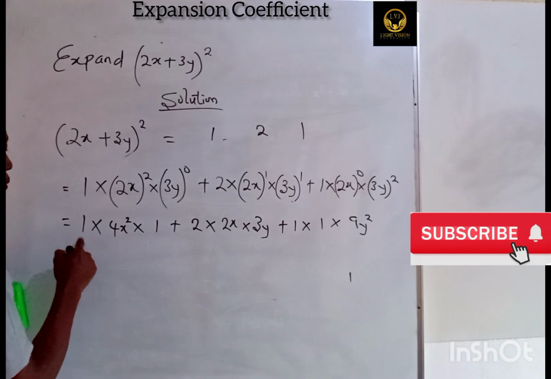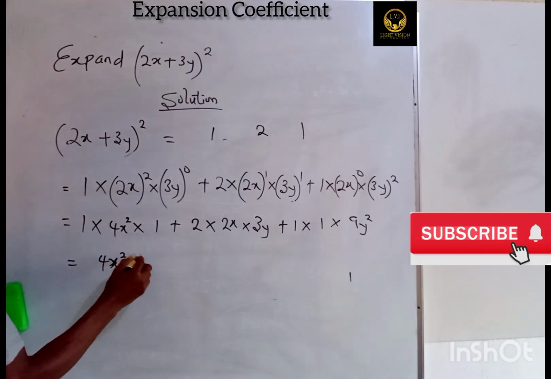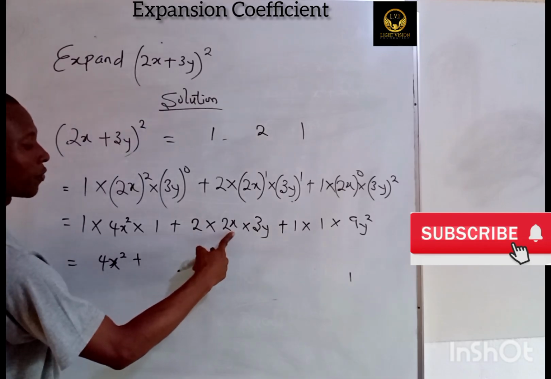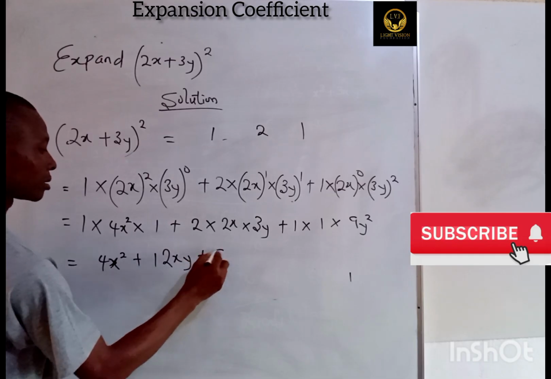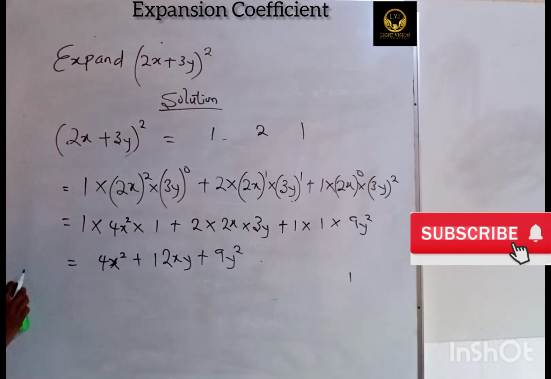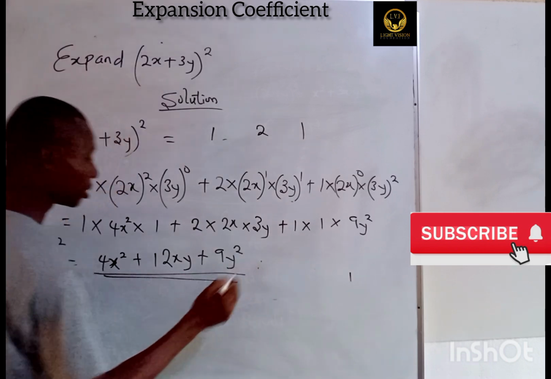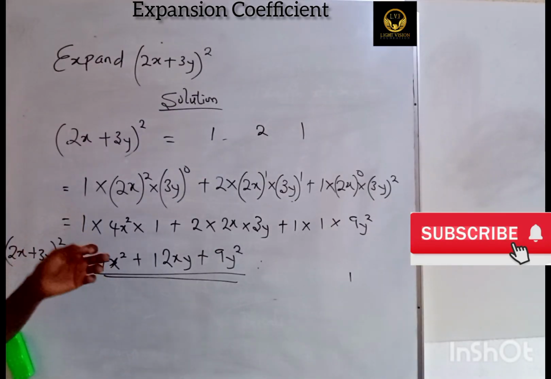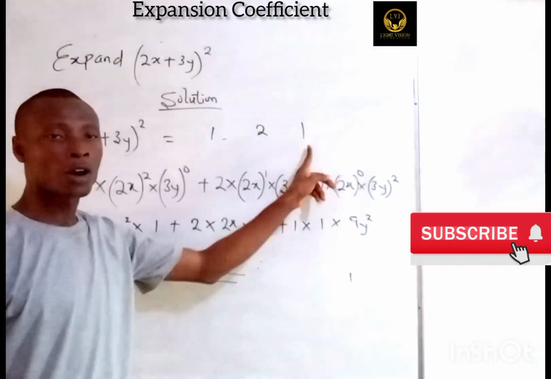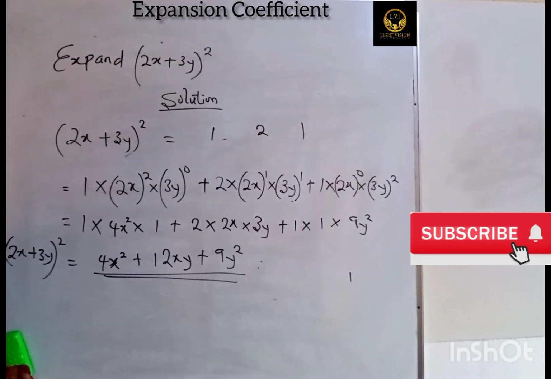So this becomes 1 times 4x squared times 1 is 4x squared, plus 2 times 2x, 4x times 3y is 12xy, plus 9y squared. So what it means is that when you expand 2x plus 3y raised to the power 2, this will be your result. So all I need to do is just to extract the coefficient of x plus y raised to the power 2 and use it in the expansion.